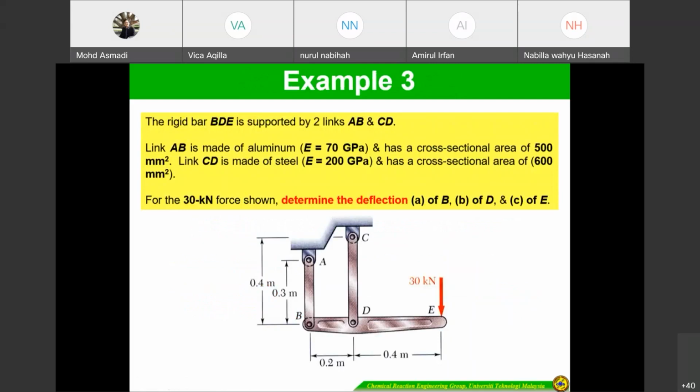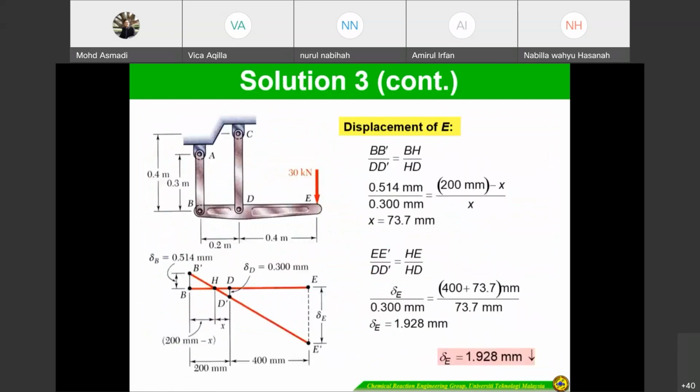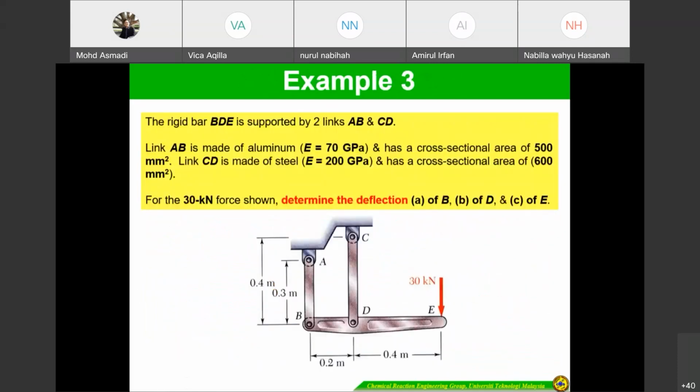This is the kind of problem that I will always create for the final, using algebra and trigonometry. Okay, if you look here, the rigid bar BDE is supported by links AB and CD.